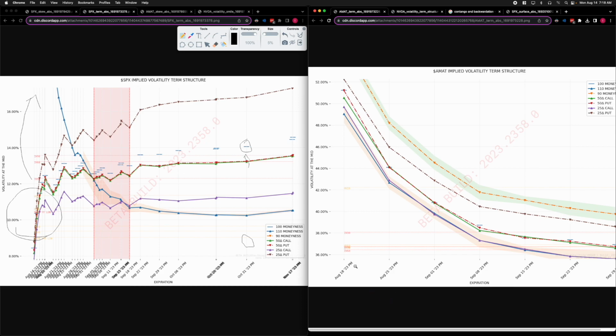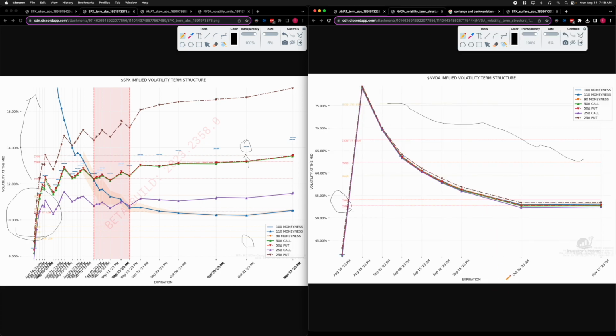So that's 1, 2, 3 expirations. With NVIDIA, the idea is actually quite similar, which is interesting. It looks like it's going to have earnings on the 25th, and then it's going to come back down to IV30 really quickly, relatively speaking, because it's having earnings later, so it's only 2 jumps.